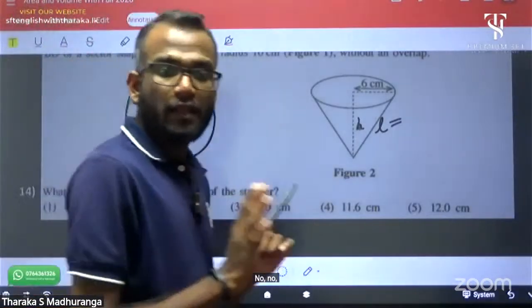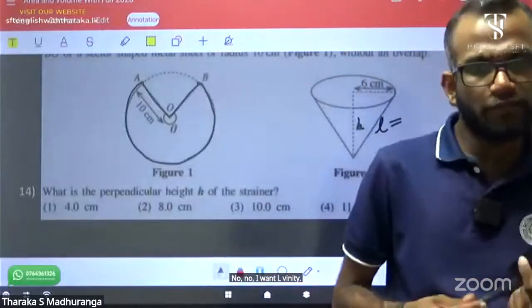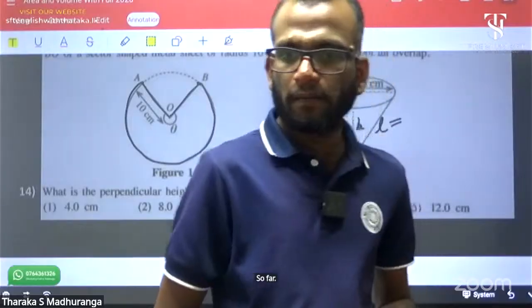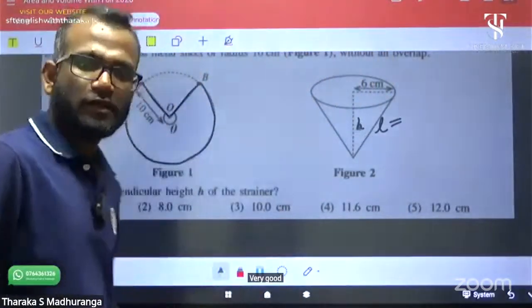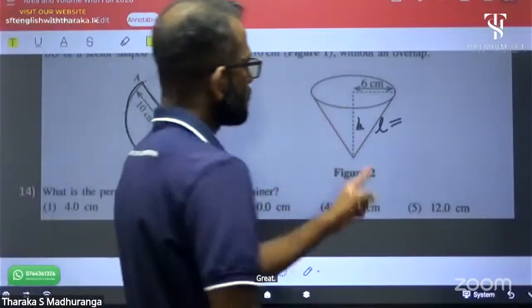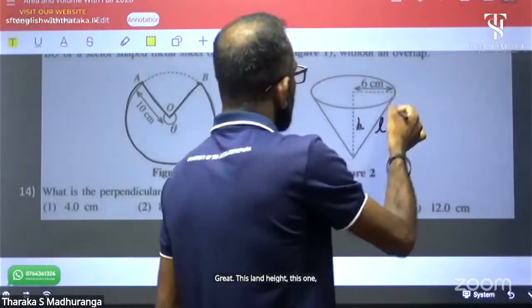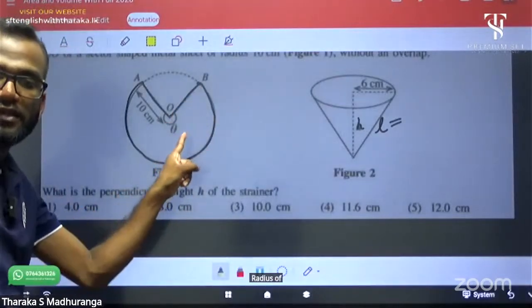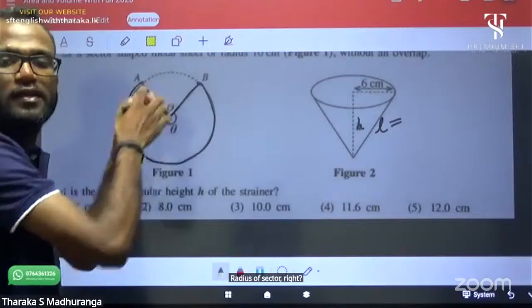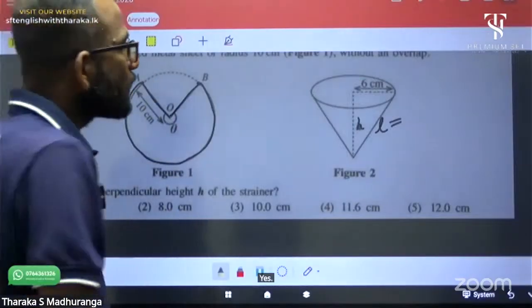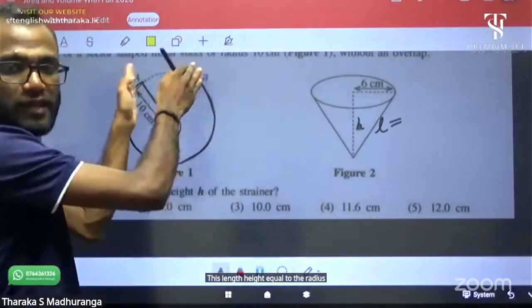The slant height is equal to the radius of the sector, right? The slant height equals the radius of this sector.